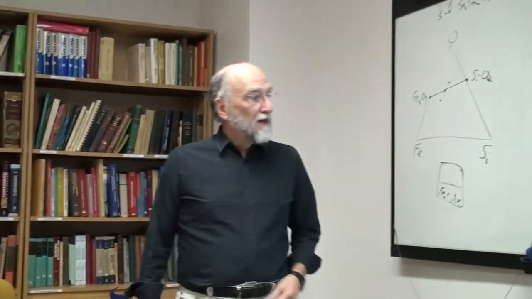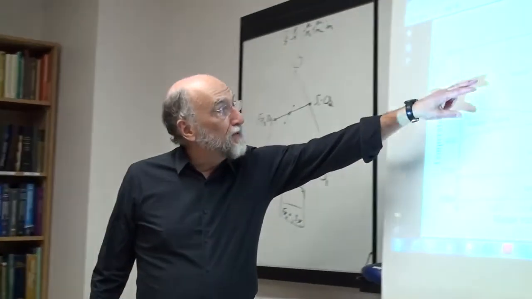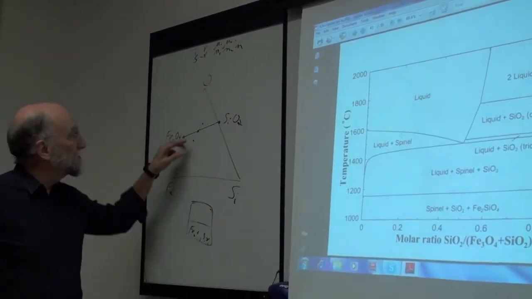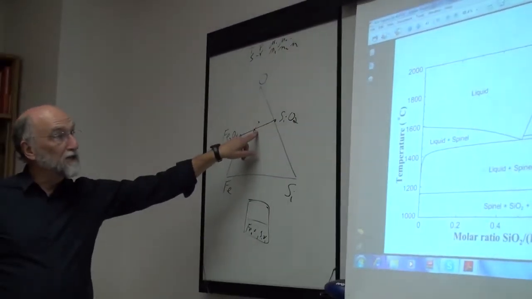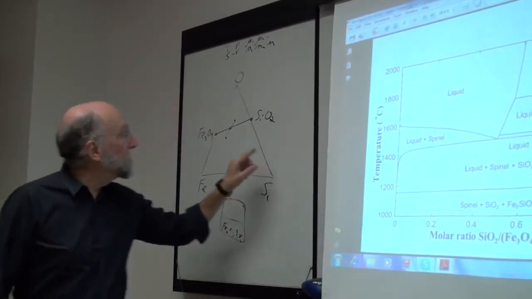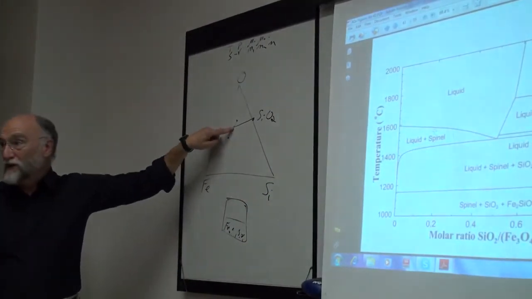From this diagram, you cannot read the lever rule straightforwardly. The liquid, for example, is not Fe3O4. If you're in the single liquid region, naturally you're at that point because that's what you started with.